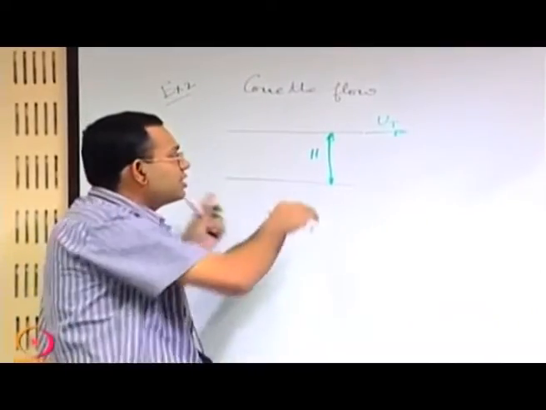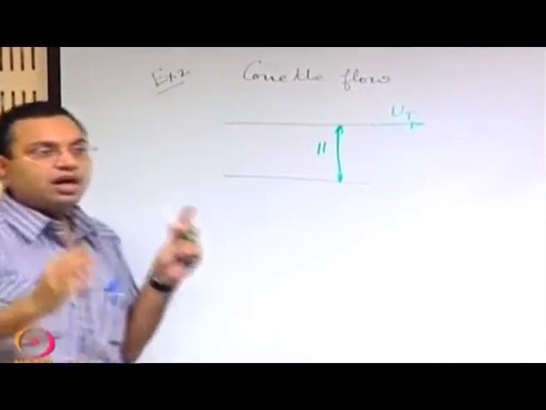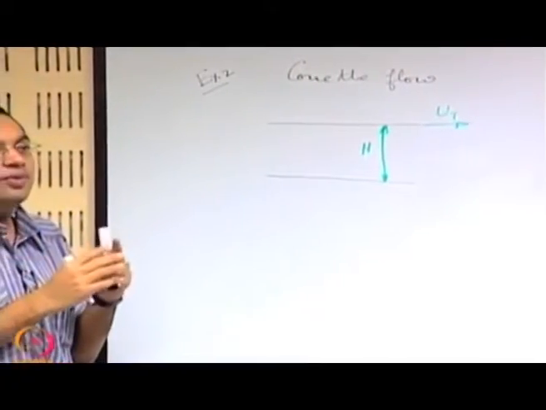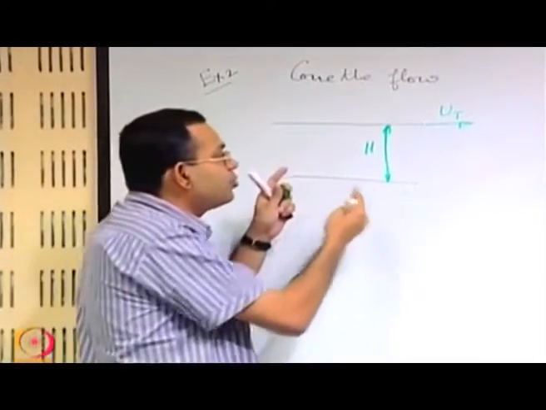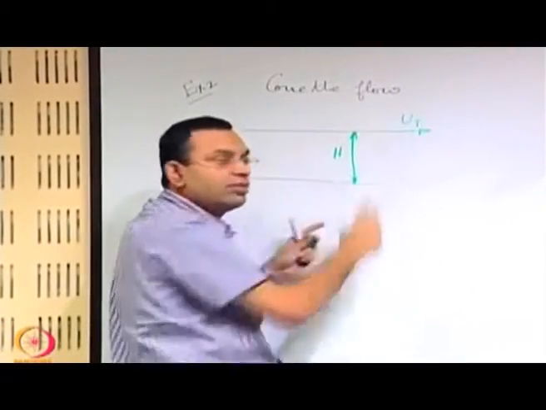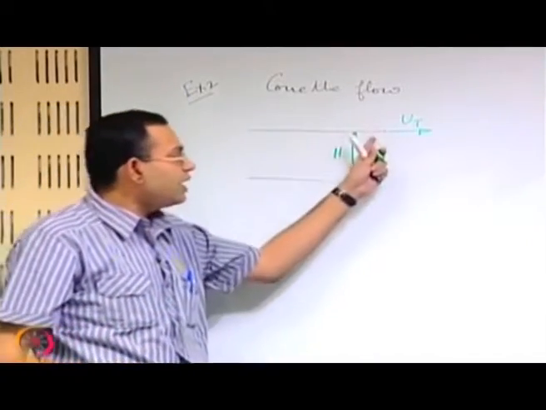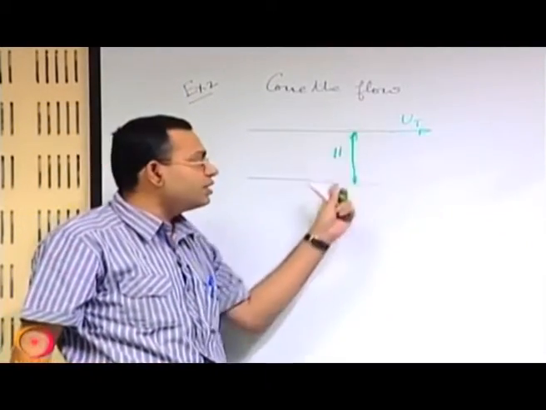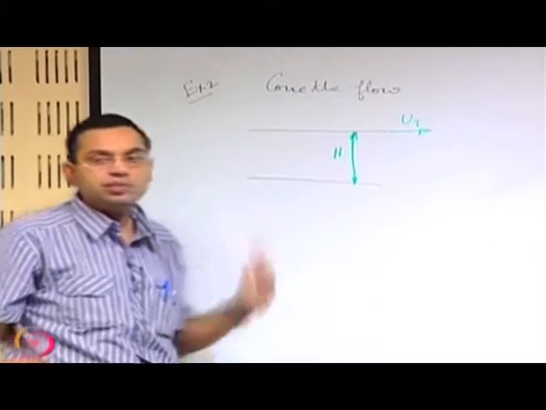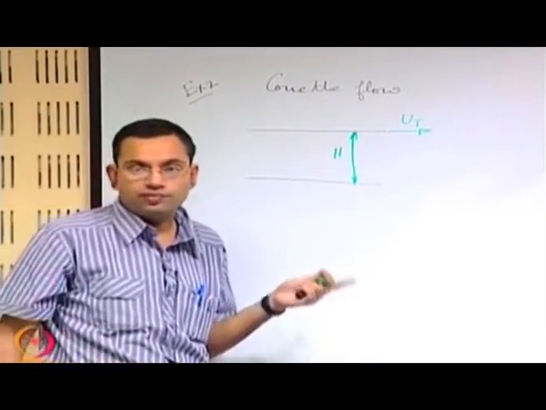This is a mechanism of inducing shear. Or, if there is a shear in the fluid, it is one way by which you may simulate it artificially, by having a velocity gradient which is roughly ut by h. So, if you want to simulate a rate of deformation, by giving a velocity to the plate and keeping a gap, it is possible to impart the order of magnitude of the rate of deformation that you want.